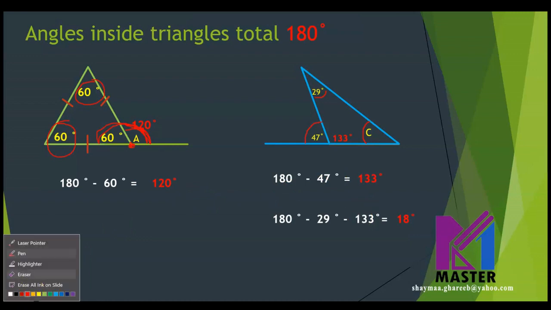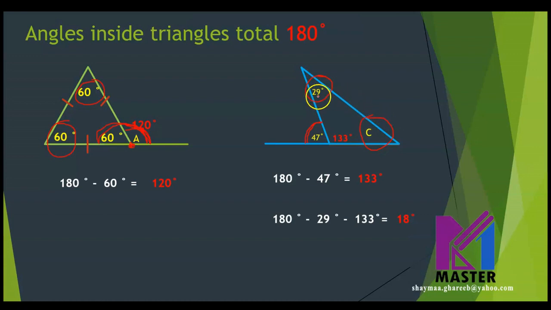This is the first way, or I can use the rule of the exterior angle. So, let's erase and think again. We said that the exterior angle of a triangle equals the sum of the two opposite interior angles. So this angle equals the sum of these two angles.